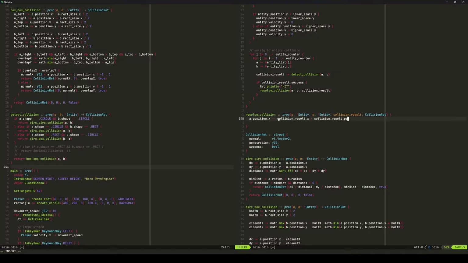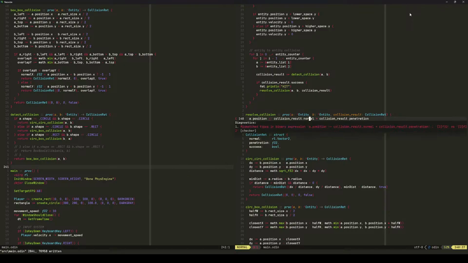Collision result of penetration, and I don't know. I think I can do this, right? Oh yes, very good. Or I cannot. Dot normal.